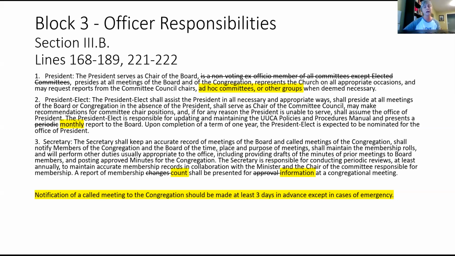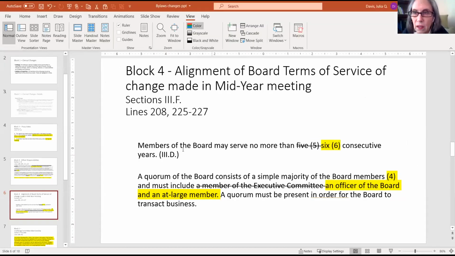Any person on the board could call a meeting of the board, but that board meeting would still be open to the entire congregation. In this case, there would be a shorter window of notification since the intent is for an emergency, a very odd kind of occurrence. So the wording needs to be changed, a called meeting of the board, not the congregation. Is that what you're trying to say?